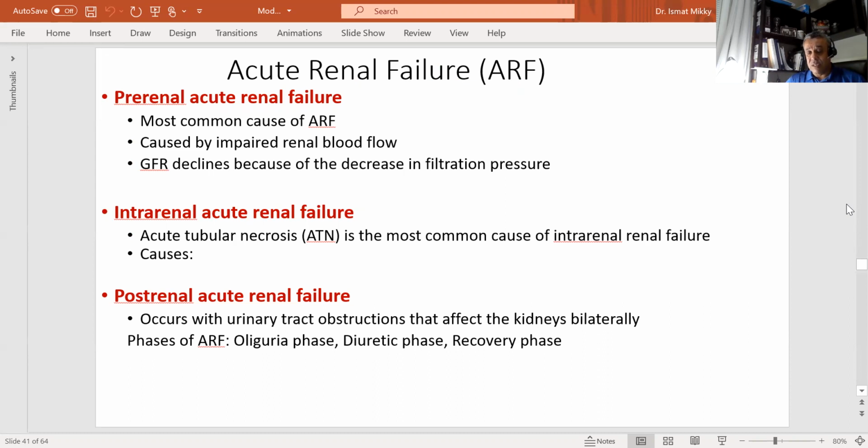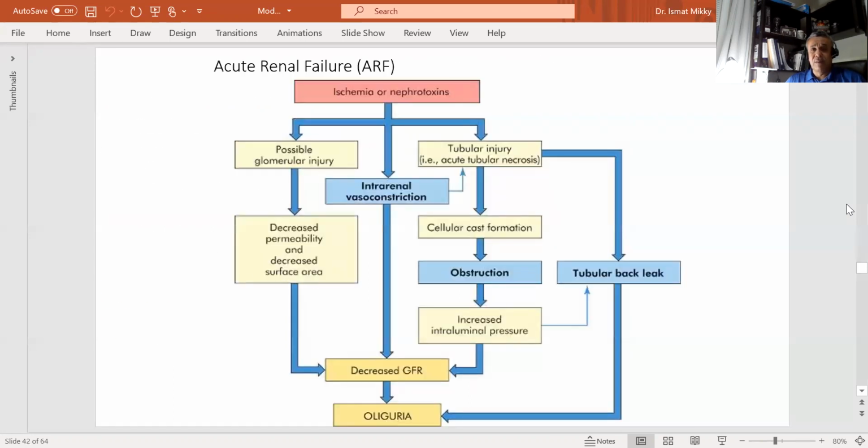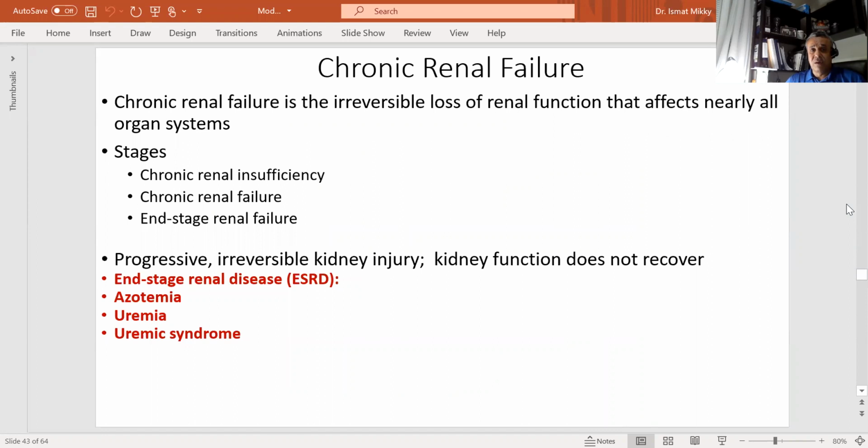Then post-renal acute renal failure results from obstruction of outflow. For example, prostate hyperplasia is an example of post-renal acute renal failure. So is an obstruction due to urolithiasis or kidney stones in the right or left ureter, or the bladder.